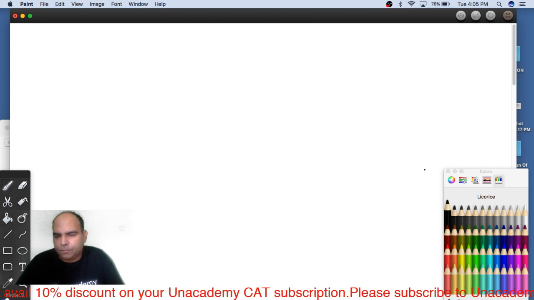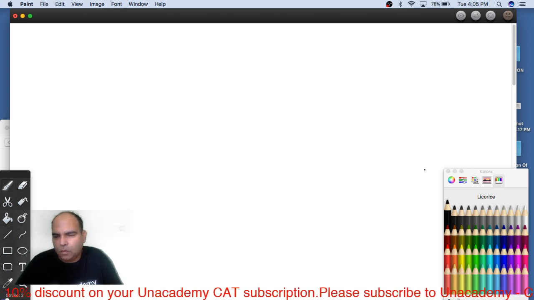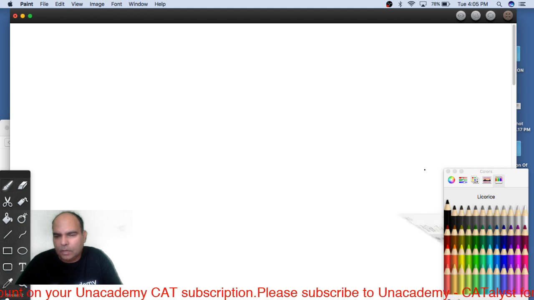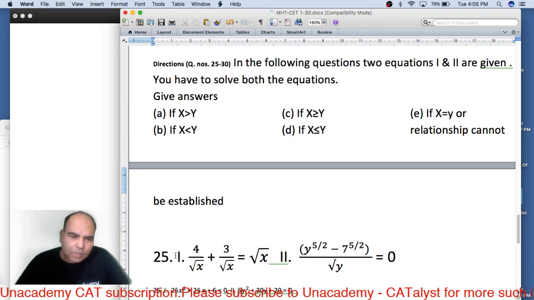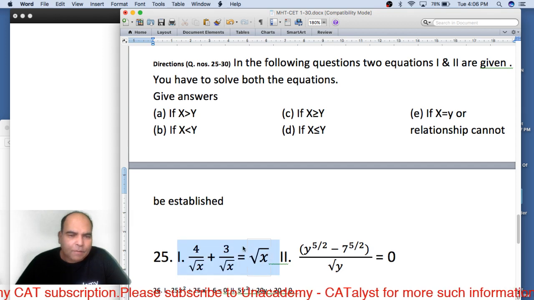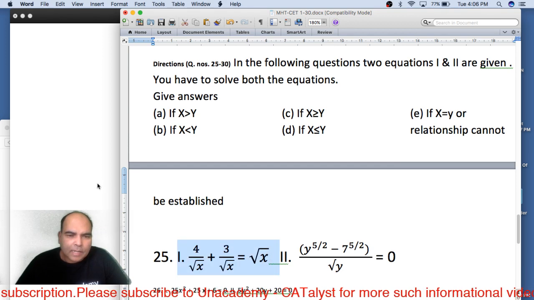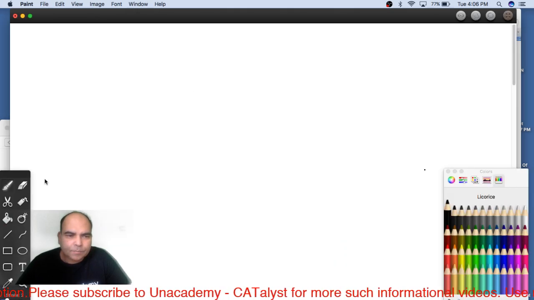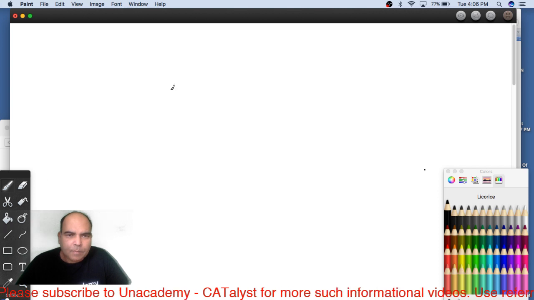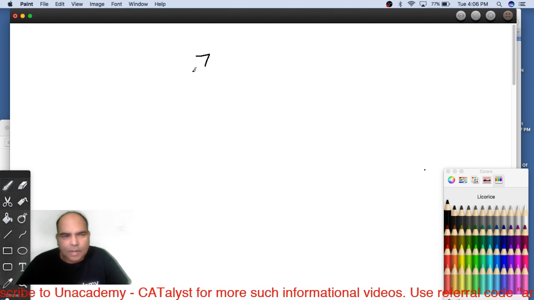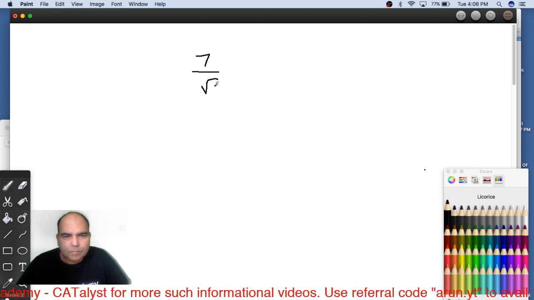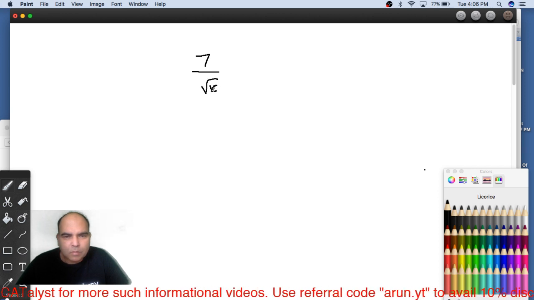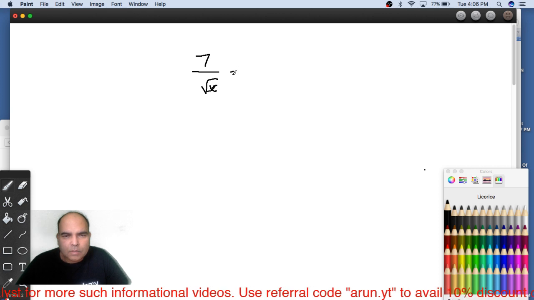Right, so if I look at this question, the first equation is helping me to find the value of x. Since that equation is 4 by root x plus 3 by root x, that can be written as 7 by root x is equal to root x.